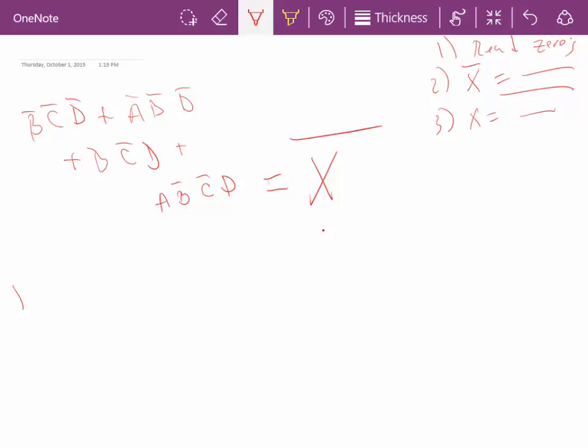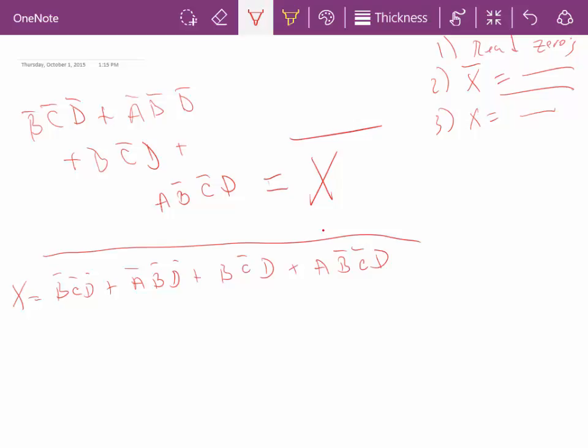So X is now equal to B, C, D, not, or A, B, D, not, plus B naught, D, plus A, B naught, C naught, D, all knotted.